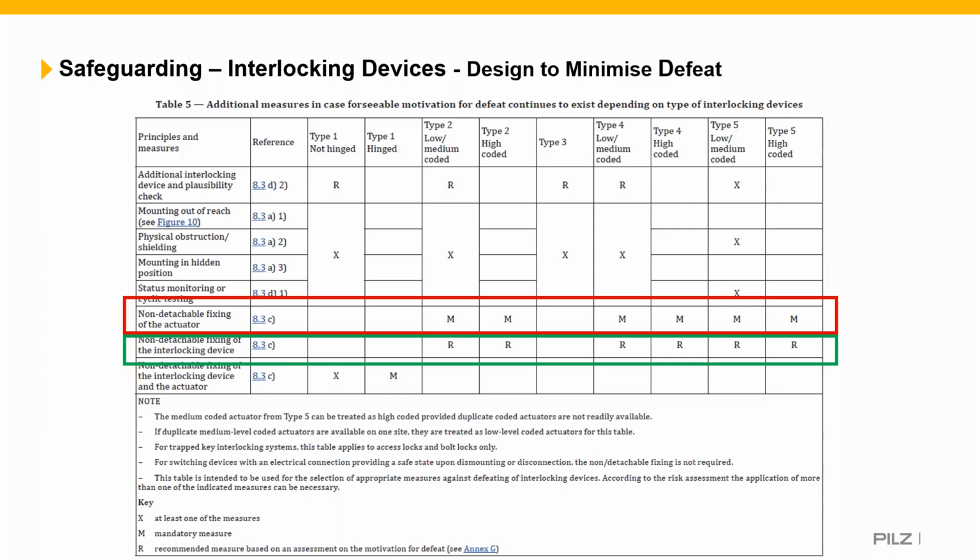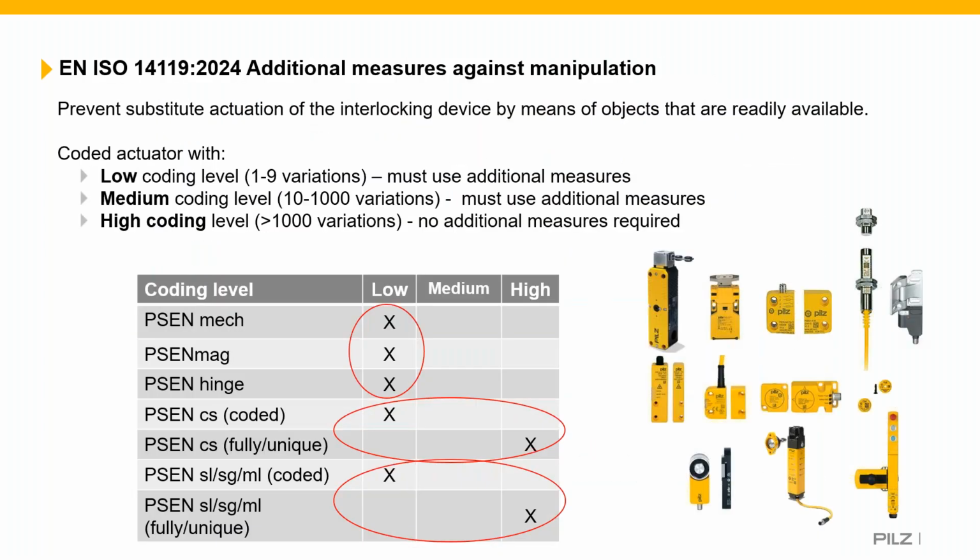But this table does give us further information if we need it, to ensure that we meet the requirements to minimize defeat. As I mentioned, there are different levels of coding on different devices. Pilz, for example, have different devices and different types of switches.